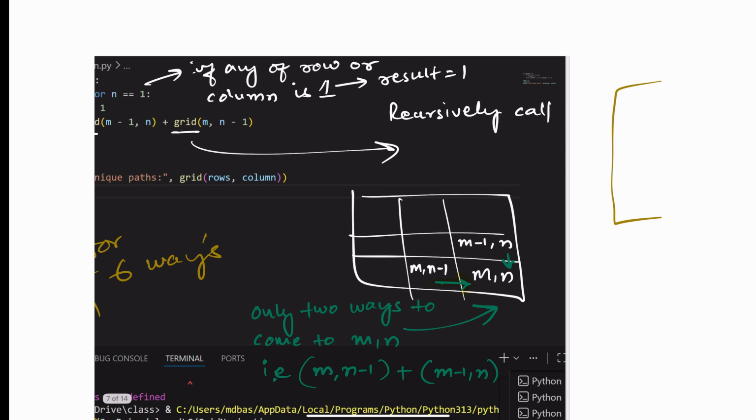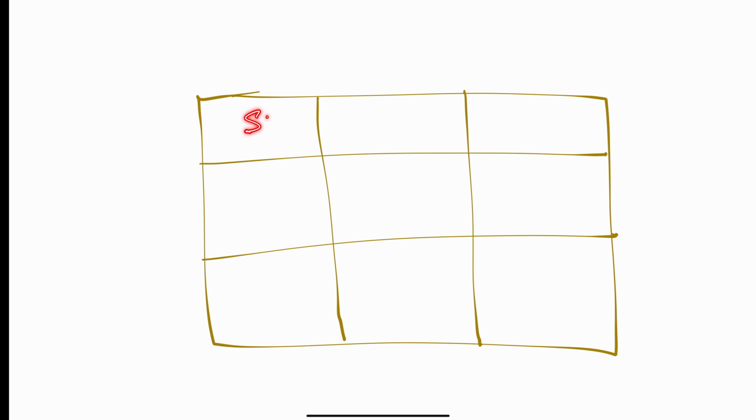Now, in this example, how we are going to solve is in a reverse way. When I say reverse way, we are going to start from here. Since my problem is to reach this coordination, but I will not start solving from the actual root problem statement. Instead of that, we are going to solve with a smaller solution. When I say smaller solution, to understand, let's say this is 1 2 3.